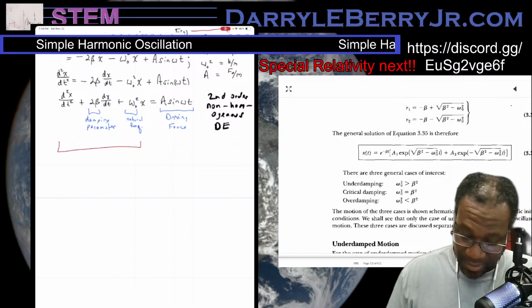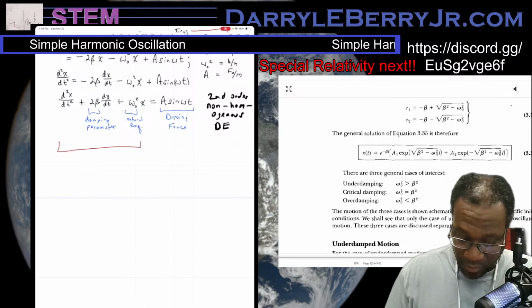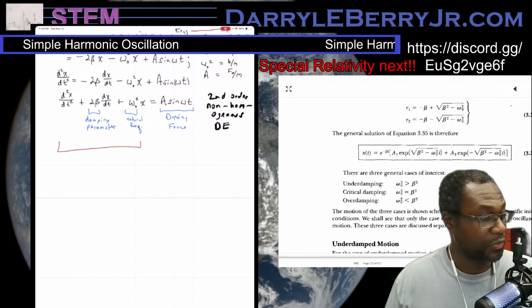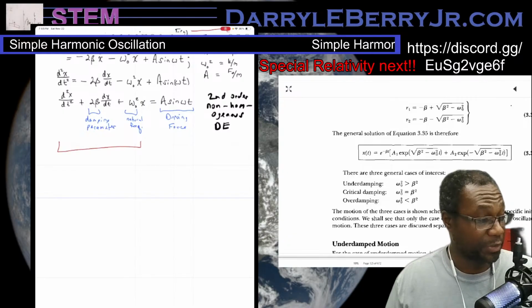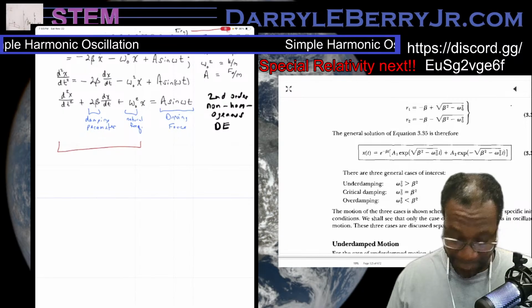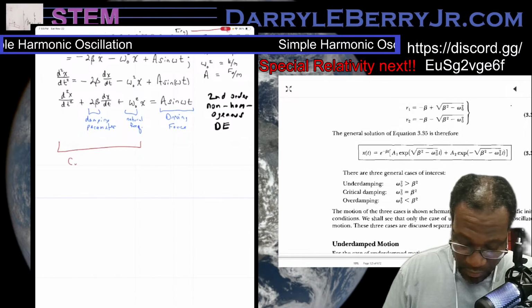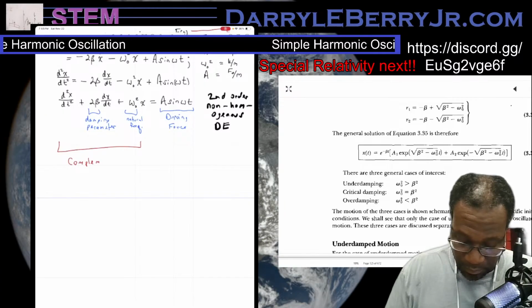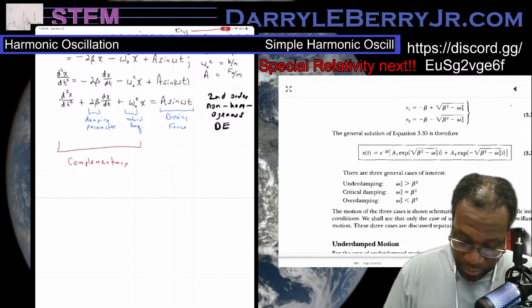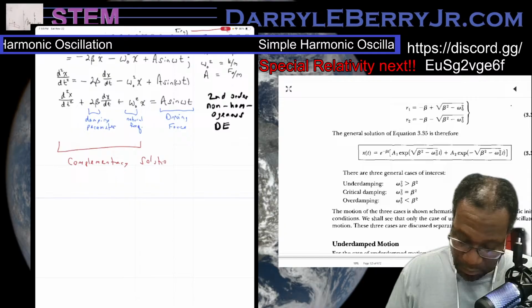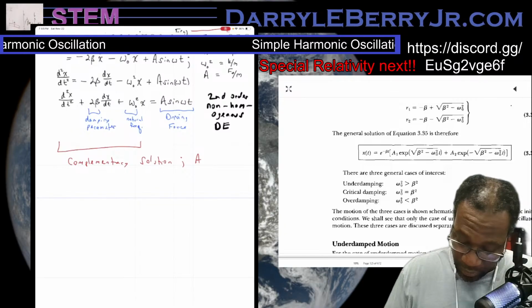So we have one half where we have, and make sure I use the proper word, the complementary solution. Complementary solution, where A equals zero.